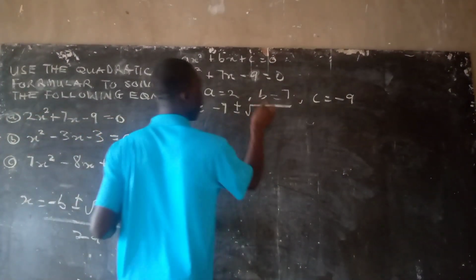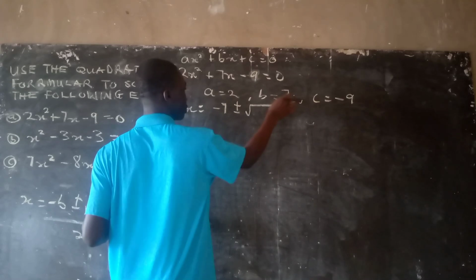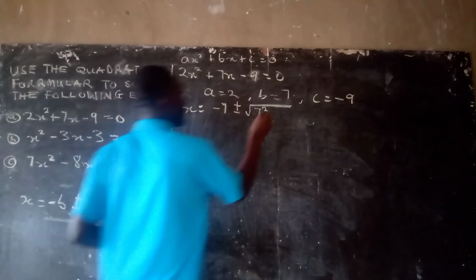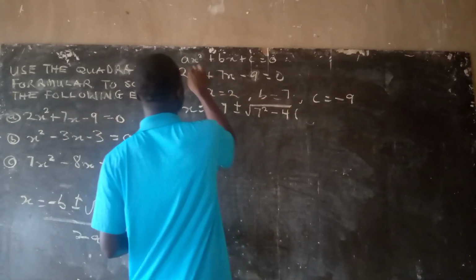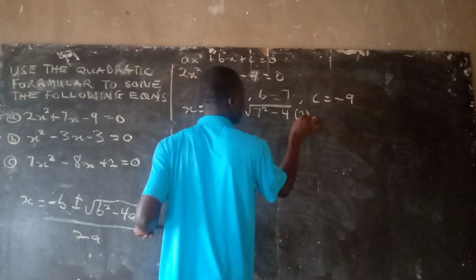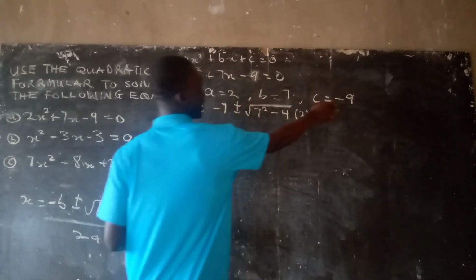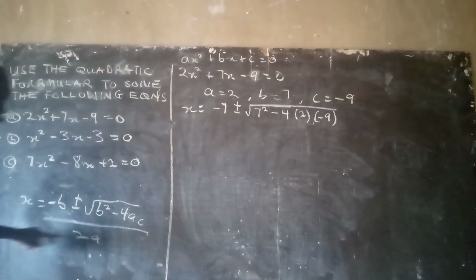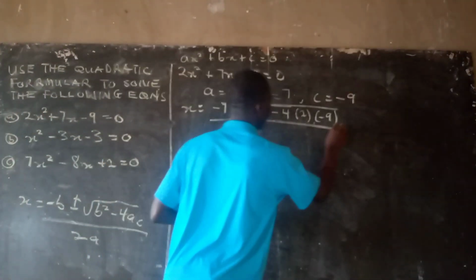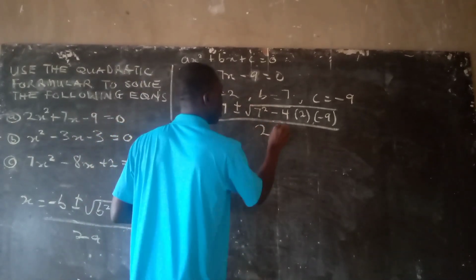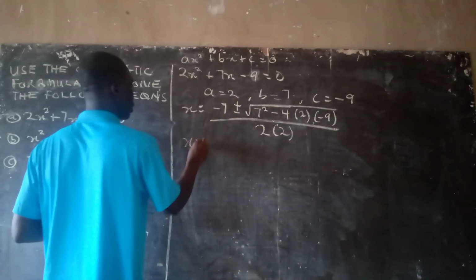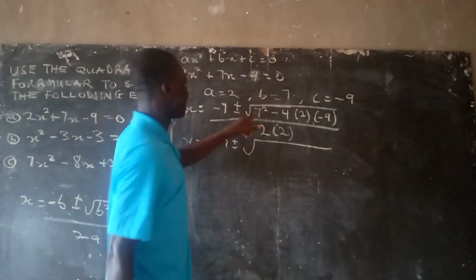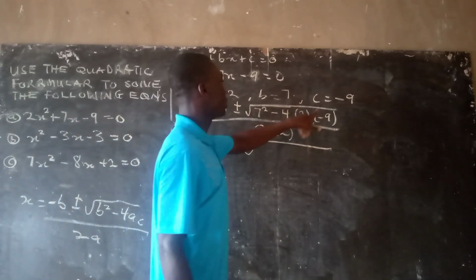So 7 squared, minus 4ac, where a is 2 and c is negative 9, all over 2a, which is 2 times 2. So we have x is equal to negative 7 plus or minus the square root of 7 squared minus 4 times 2 times negative 9.